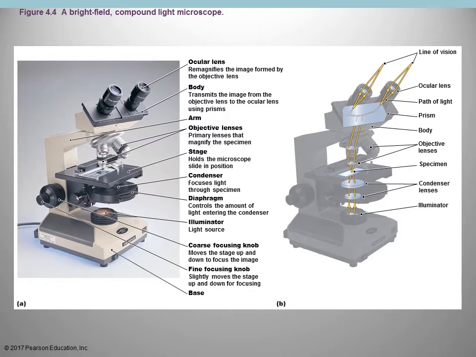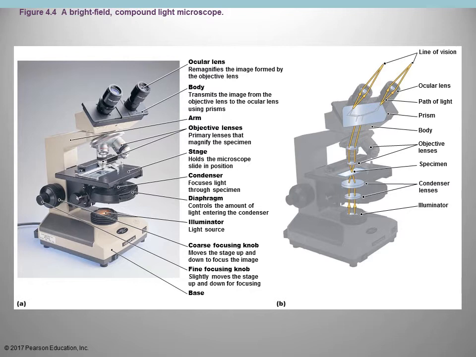They are attached to the body, and you have the arm, which helps you to hold the microscope. The objective lenses are on a revolving nosepiece, so you can move them. You have your scanning lens, and then the longer the objective lens, the higher the magnification.